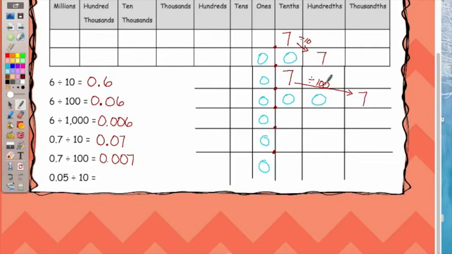Yeah, that was 100. Now, has anybody figured out the relationship between the zeros and moving the digits? What do you think it is? There's no more digits. No. I'm talking about these zeros right here. There's a relationship.